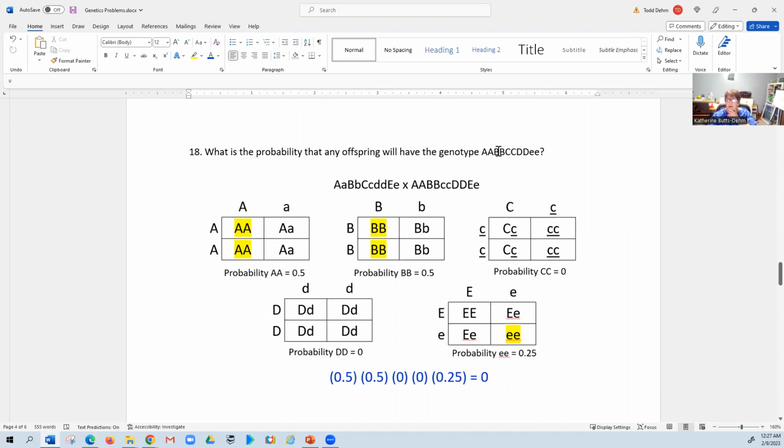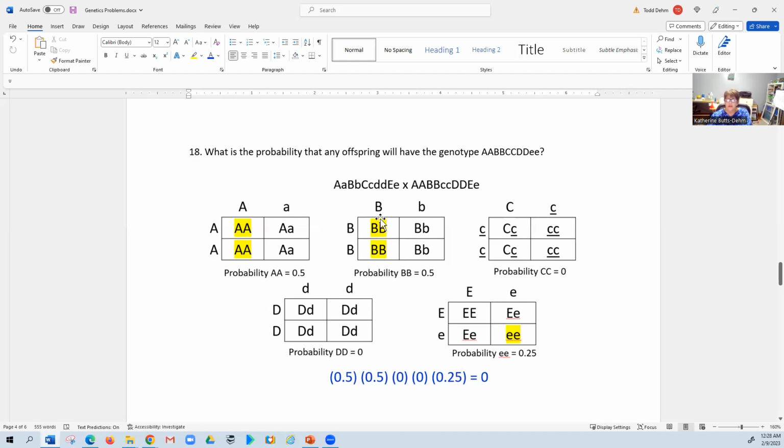So the probability of two big A's, we got the het, and we got the homozygous dominant, 50%. Probability of the big B's, we have the het here and the homozygous dominant.